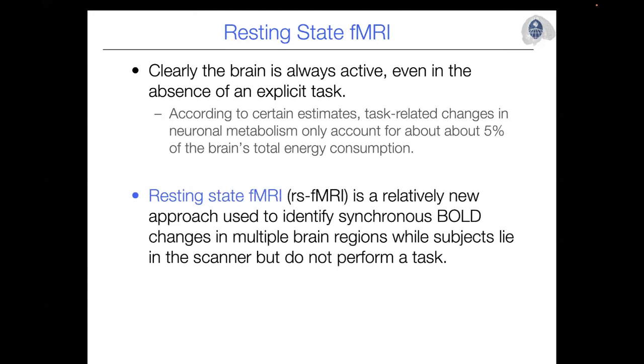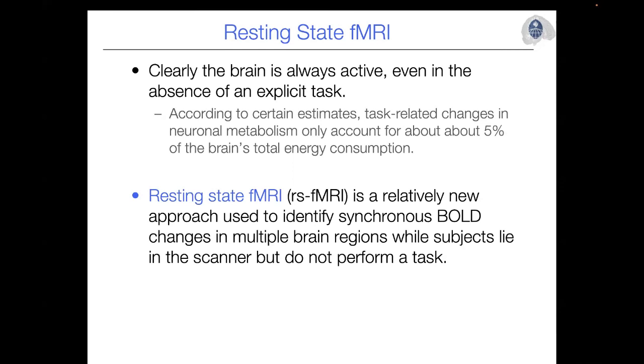And it turned out that there were a lot of synchronous BOLD changes, so changes in signal, between multiple brain regions while the subjects were in the scanner but didn't perform an explicit task. This was very consistent across multiple sessions and across different subjects as well. It was very consistent that the same brain regions were communicating with each other while these people were just sitting in the scanner, right?